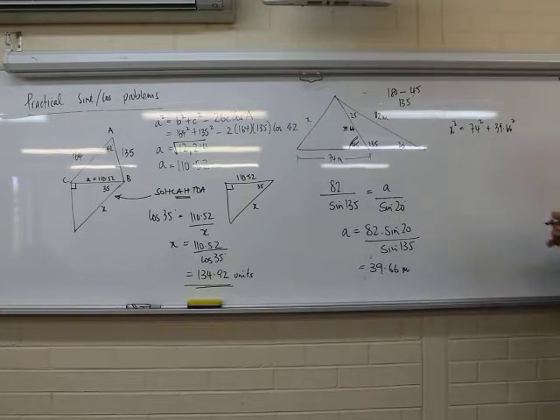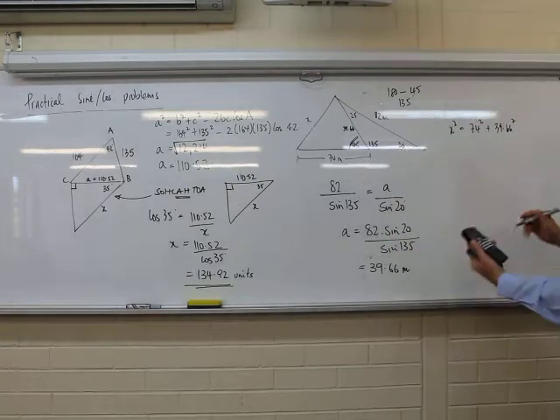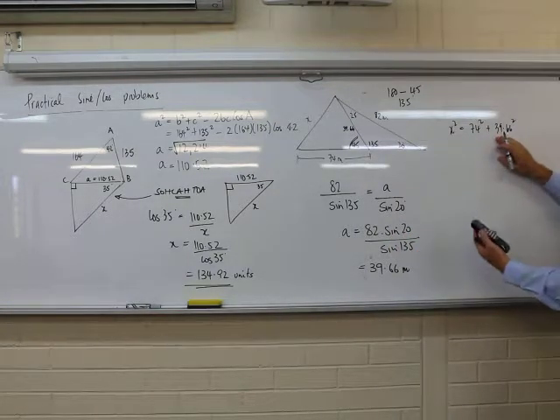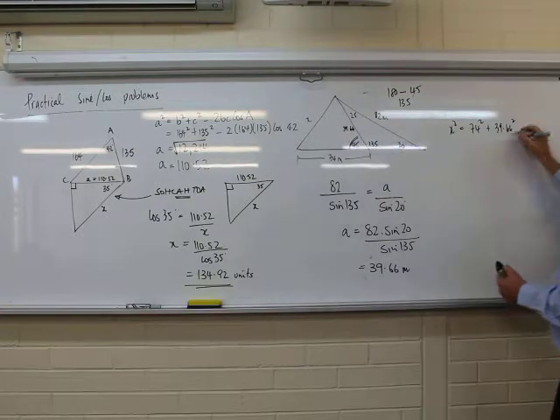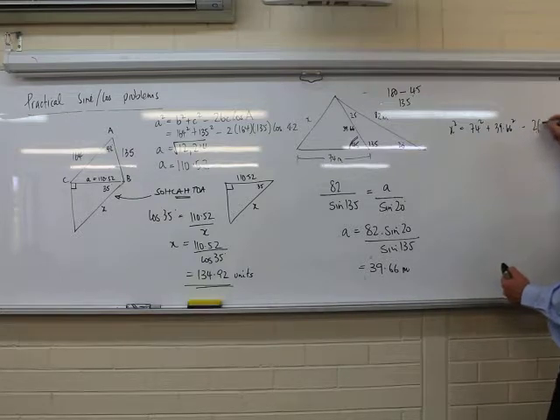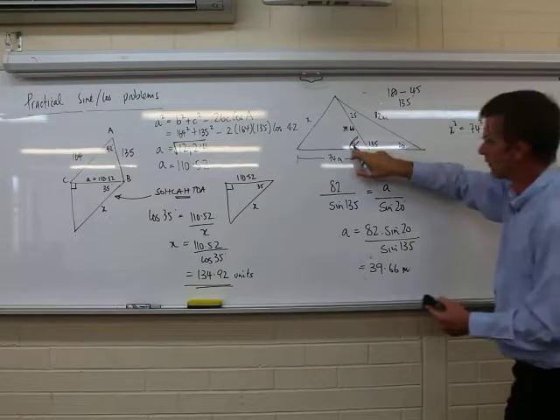Now this 39.66, I'm going to keep all the numbers in my calculator. I'm not going to get rid of them. I might only write 2 decimal places, but I'm going to keep the rest. 39.66 there. Minus 2 lots of 74 times 39.66 times the cos of 45.